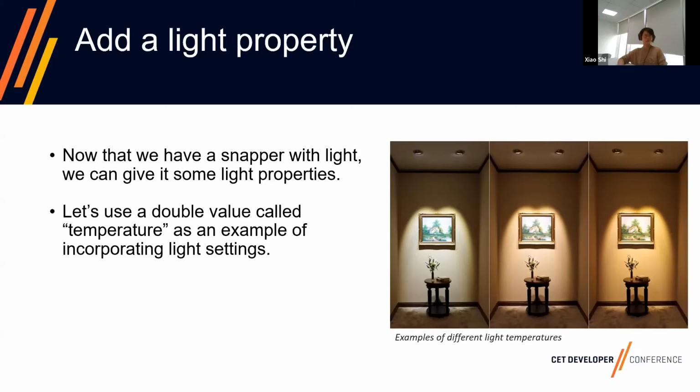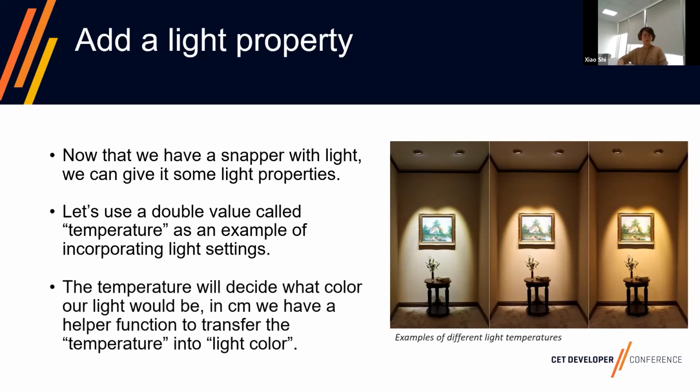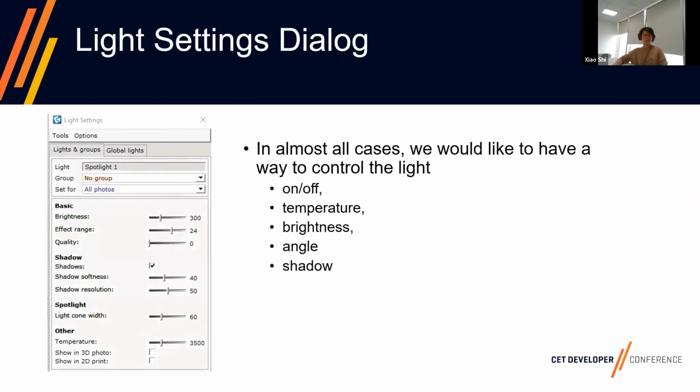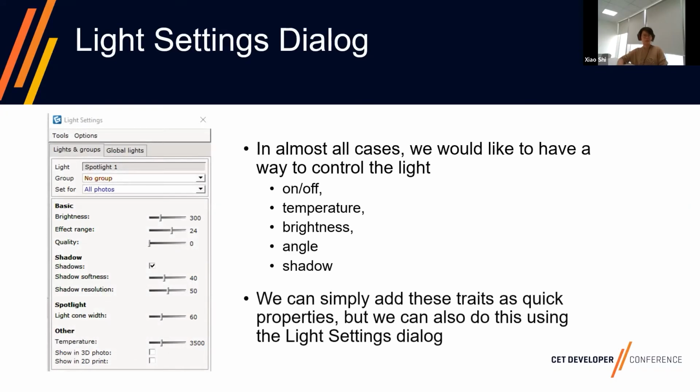I will show you the code when we touch the temperature session. But for now, I just introduce this light setting dialog. The dialog is an alternative to the quick property that allows you to bind or unbind your snapper into a light group and change it all at once.